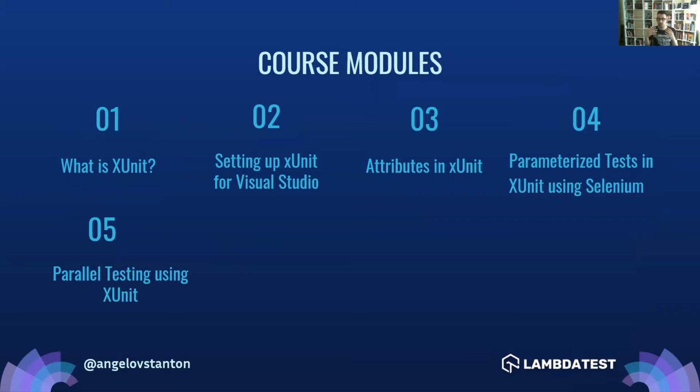We talked really deeply about the different attributes and how you can write your own. Then we walked through how you can write data-driven tests and automate different web technologies. And in the last, fifth video, we talked about how you can improve the speed of your tests and how you can run them in parallel.